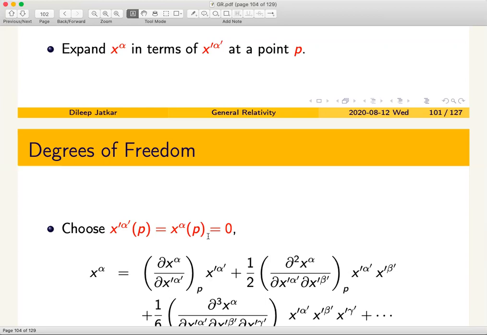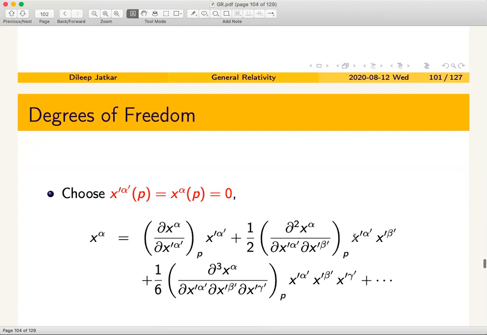So you can write down x alpha in terms of x prime alpha prime through this quantity, and through a quadratic piece by taking the second derivative. This subscript p in parenthesis just says that this derivative, after evaluating, is to be set at point P. So you compute the derivative, and then evaluate it at point P. This is exactly the way one does Taylor expansion, right?